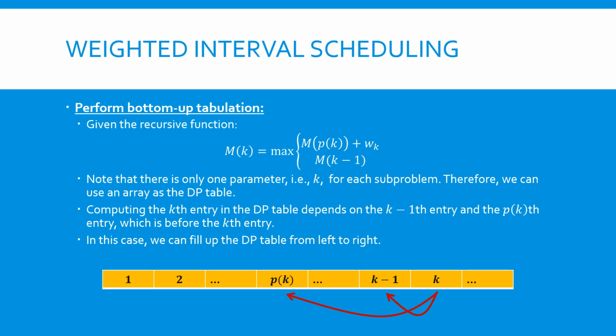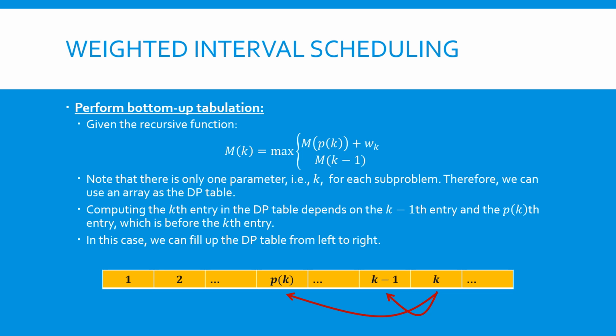The third step is to perform bottom-up tabulation to compute the final result. Given the recursion function, we observe that the subproblem M is characterized by a single parameter, the job ID. Therefore, it is sufficient to use a one-dimensional array as the DP table to store the intermediate results of the subproblems.